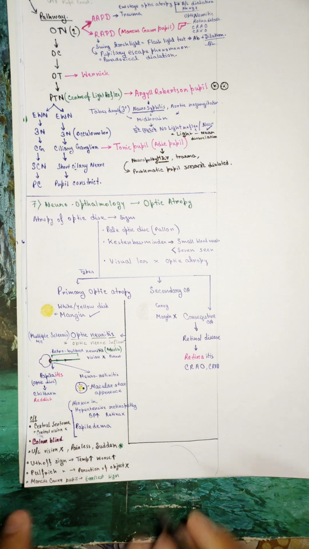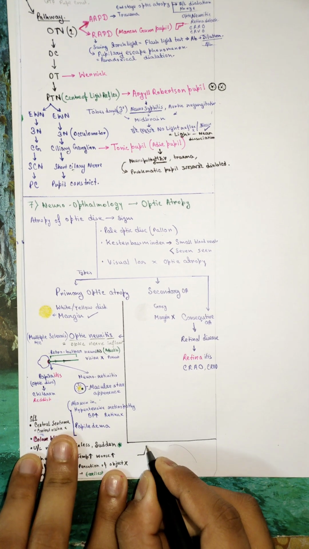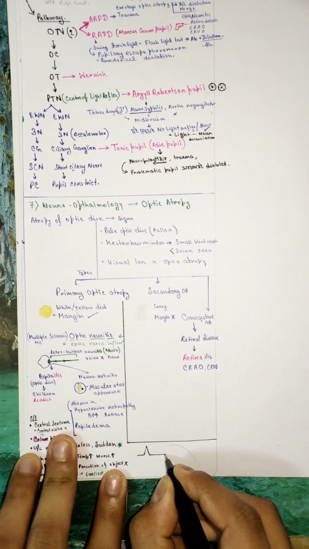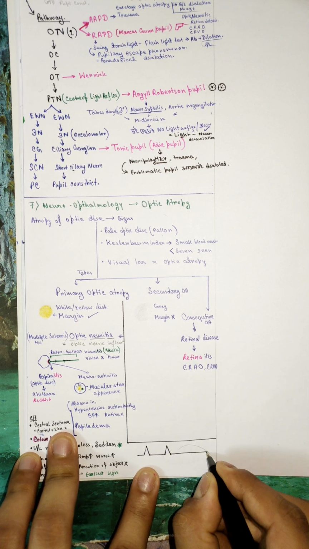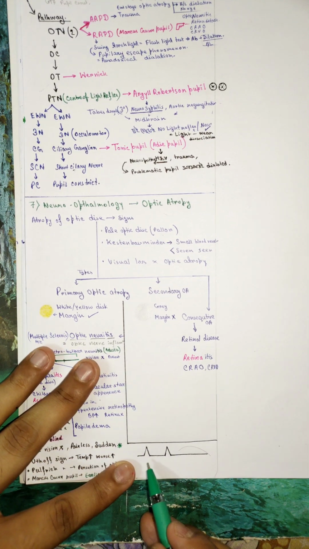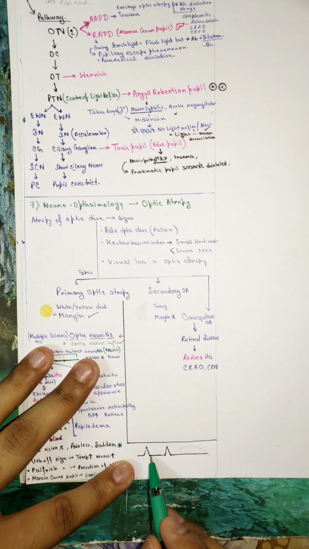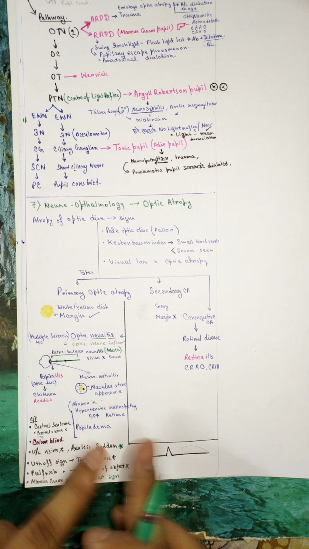So multiple sclerosis happens like this: sudden onset, then everything getting normal, sudden onset and everything getting normal. So my target is simply I have to prevent this. I have to make sure this is lengthened. That means the interval should be more lengthened.